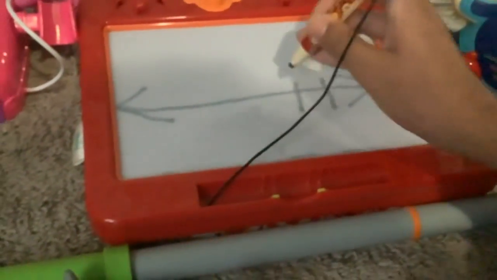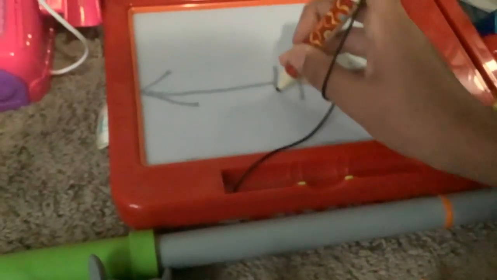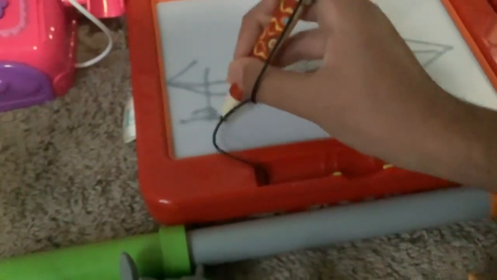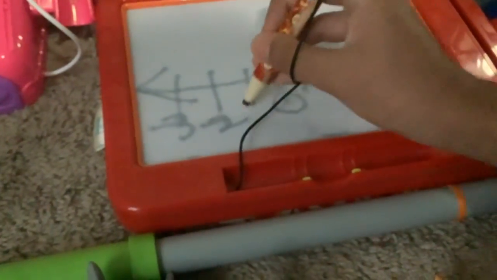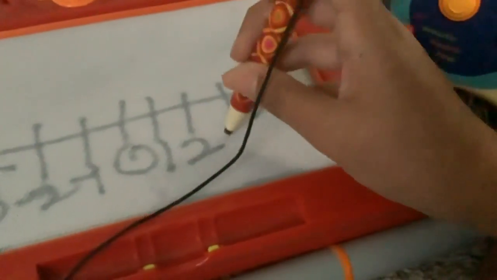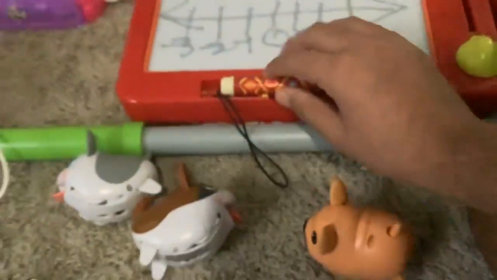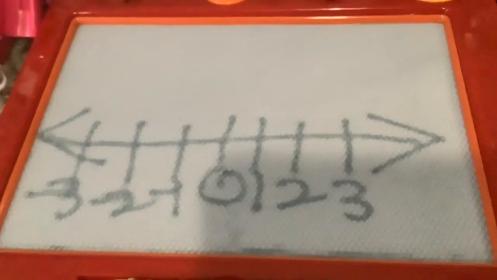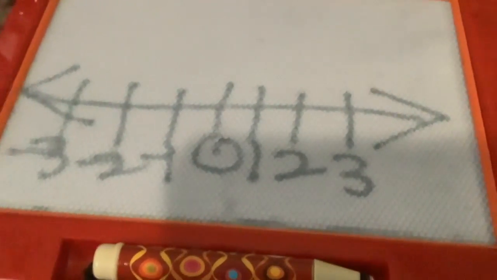Tick marks are placed to represent each number, and in the middle marks 0. And then to the left are all the negative numbers in place. -3, -2, -1. And to the right are the positive numbers. +1, +2, +3. So +3 is simply just known as 3, because there's no negative next to it. So this is a visual representation of a number line.